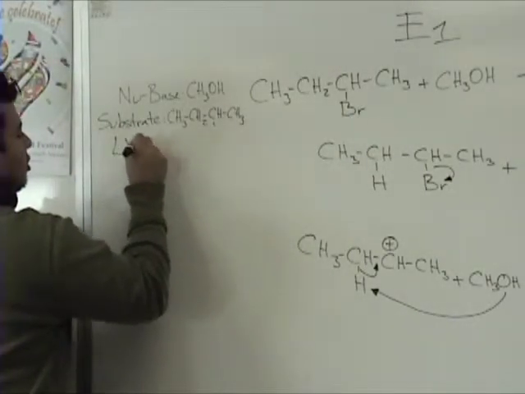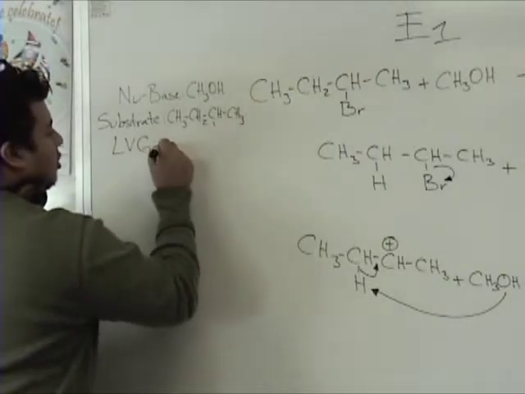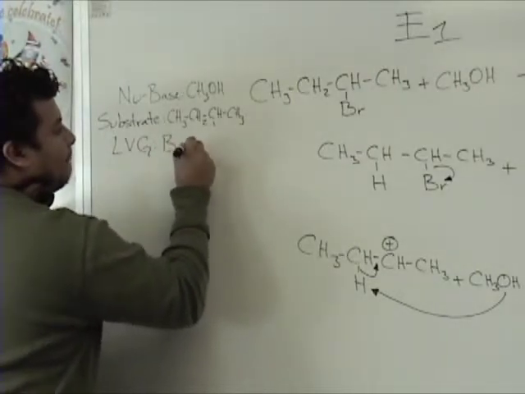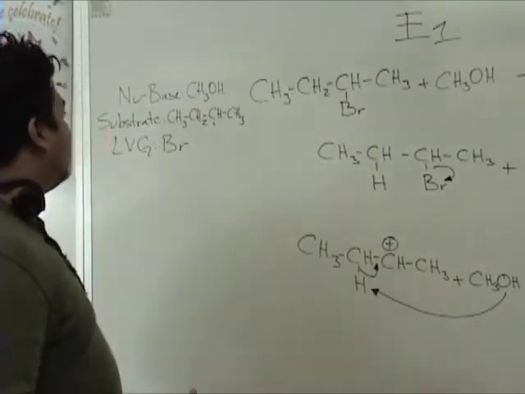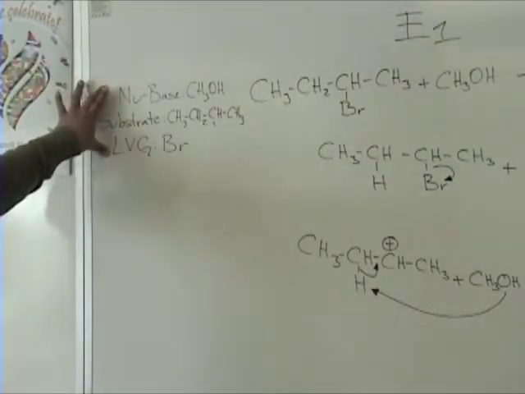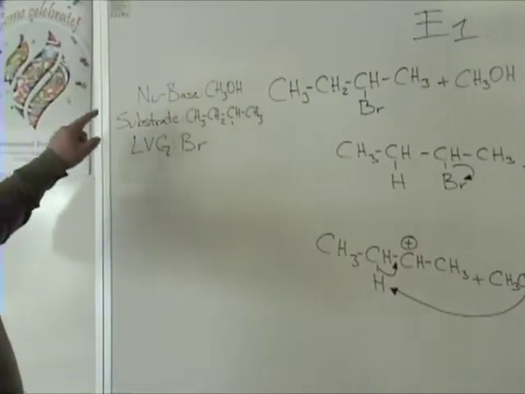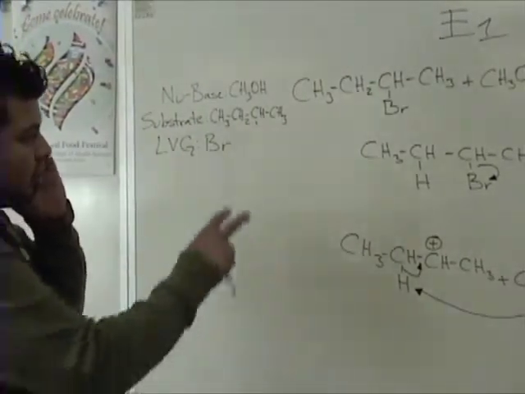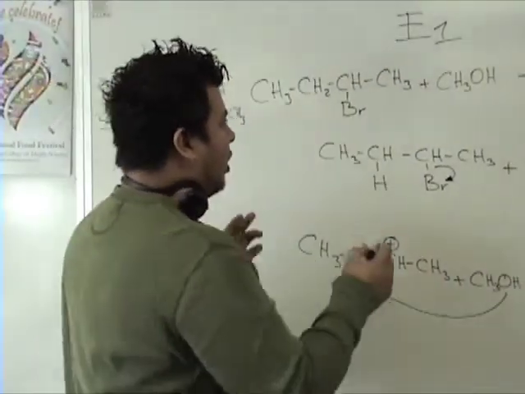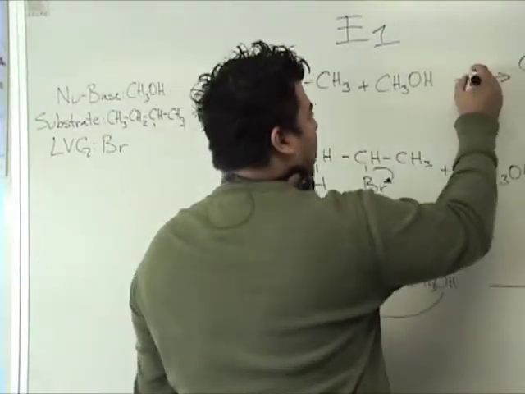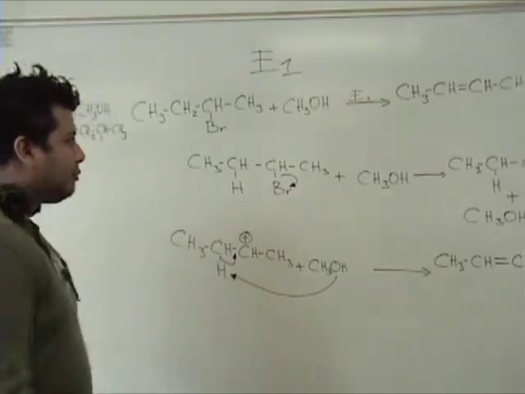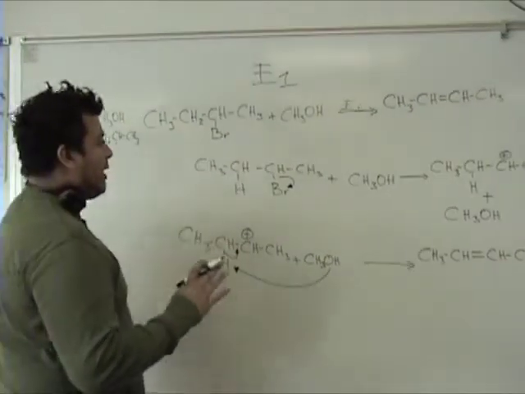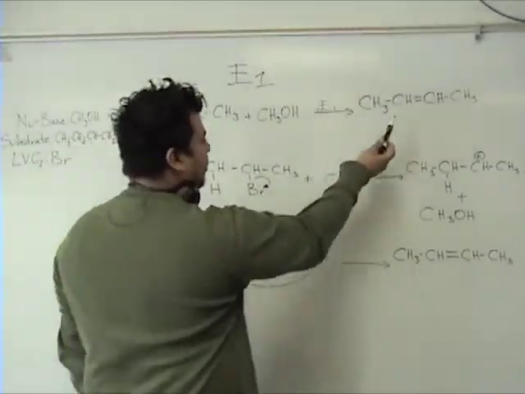So we said that halogens make really good leaving groups. So these are the names of the players. We got our base, substrate, and leaving group. So we have all of this here. So we know that we wanted this to undergo E1. So the mechanism for that, this is the expected product.